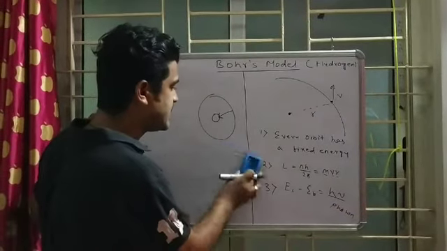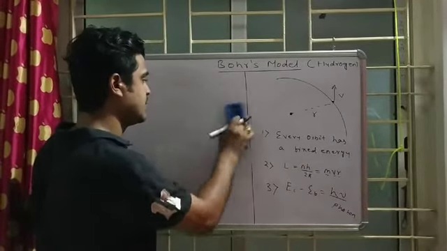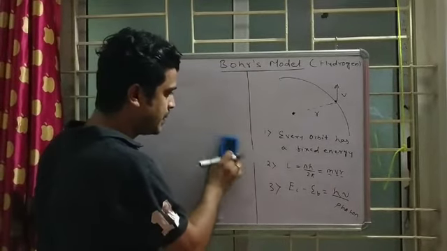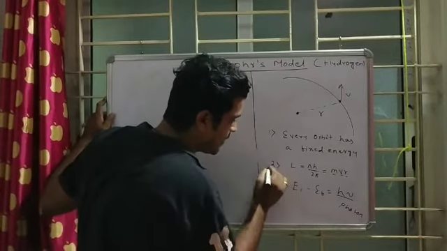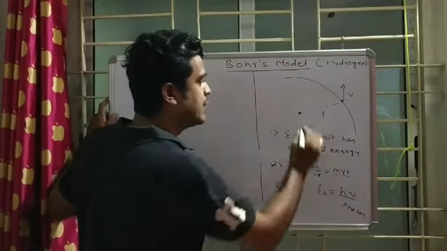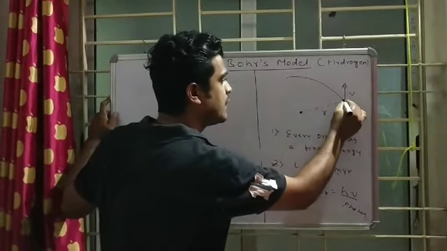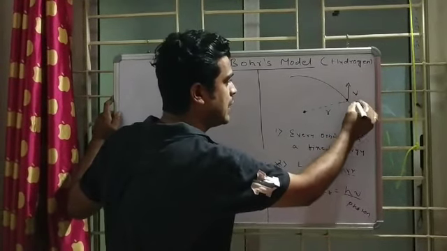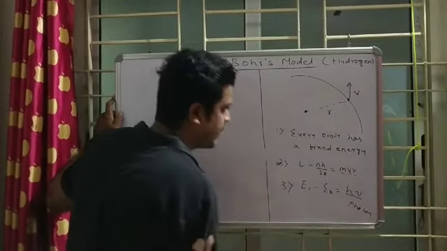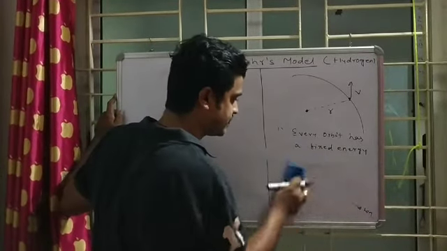So these are the three basic postulates you have to remember. But the important part is that from the second postulate, I will derive the radius of this orbit, the tangential velocity of the electron, and the energy of the electron. Let's do it one by one.